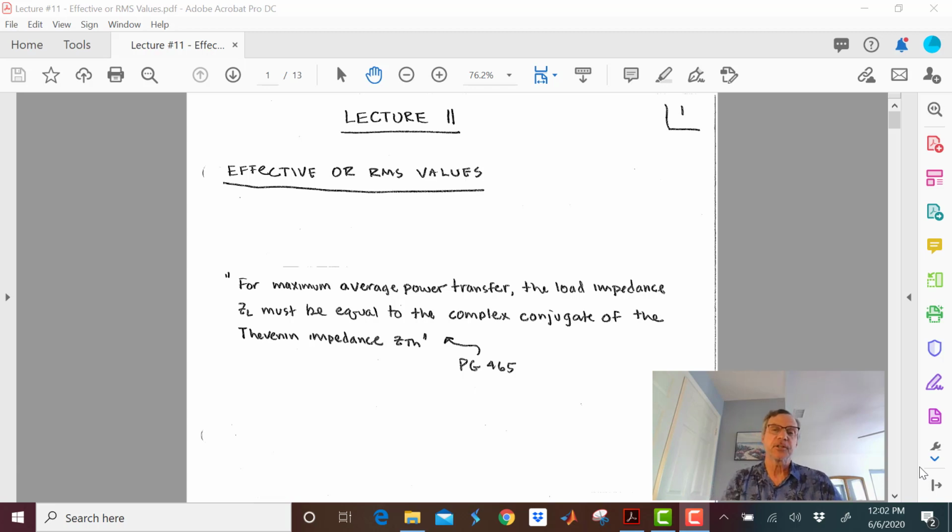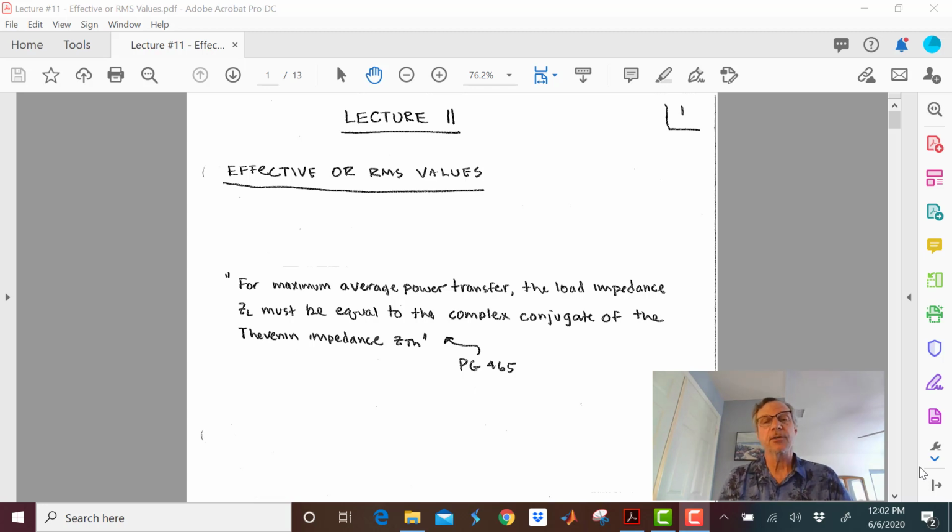Now, of course, in this lecture, you're going to see the magic relationship of square root of 2 or 1 over 0.707 that relates peak and RMS values. And you'll see that that's for sine waves. But we're going to start from the basics in this lecture, and we're going to show how to get the RMS value of any periodic waveform.